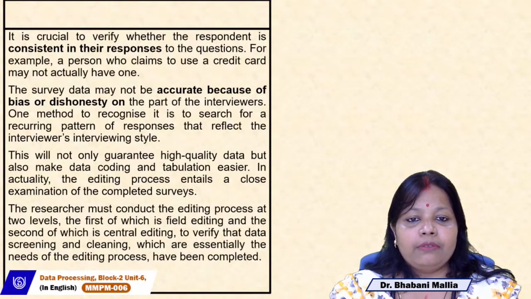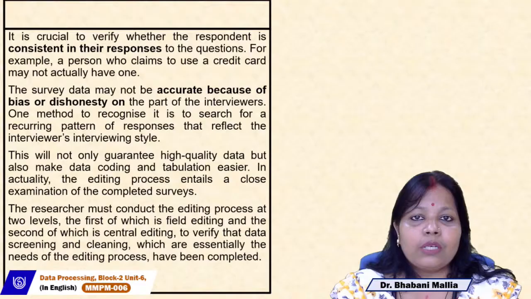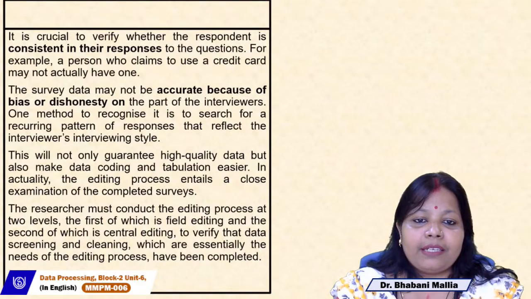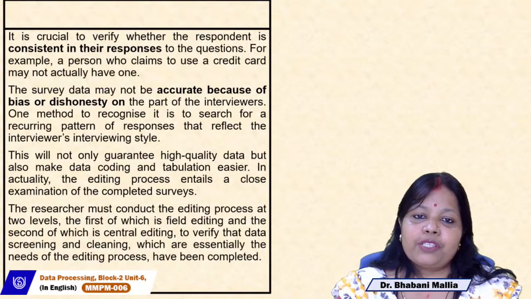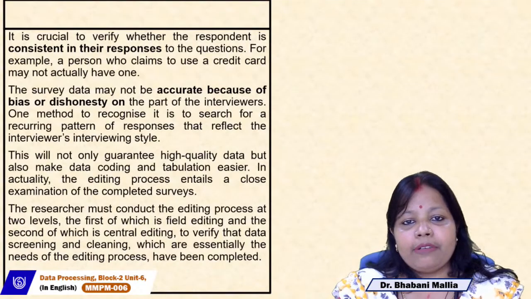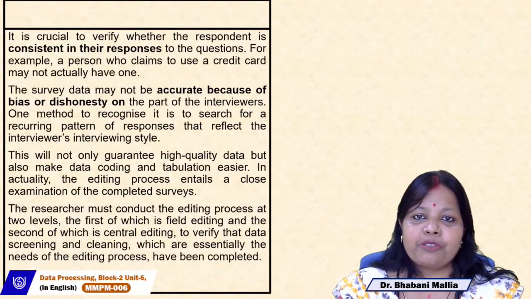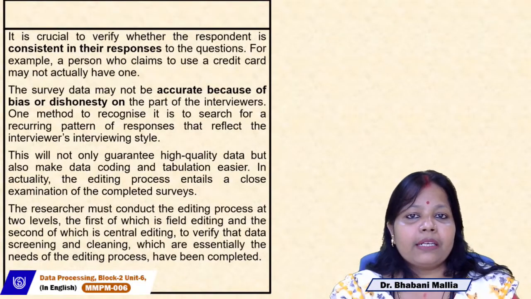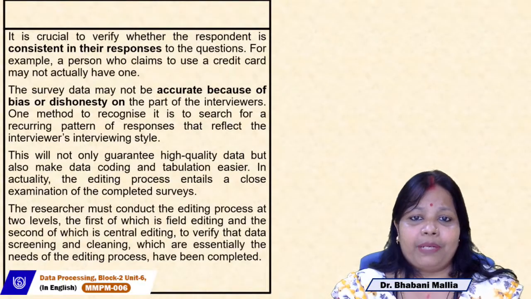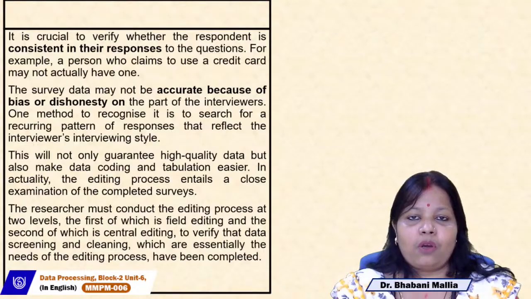Suppose the investigator who is there to collect the information from the respondent is from a rich background, but as a servant of government or the employer has given a situation where only a few poor people are involved. The mindset of the investigator will be: I'm a rich person, I have no interest, I have no taste to go to those poor people and collect the information, so I will not go to that place. So this is called bias or dishonesty.